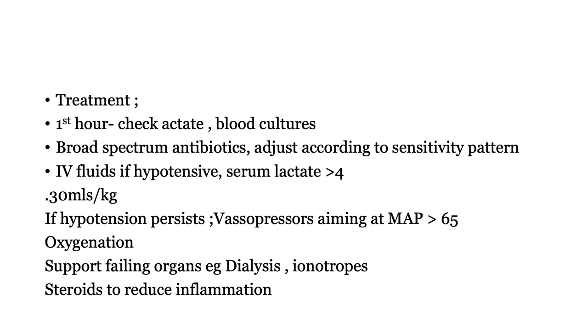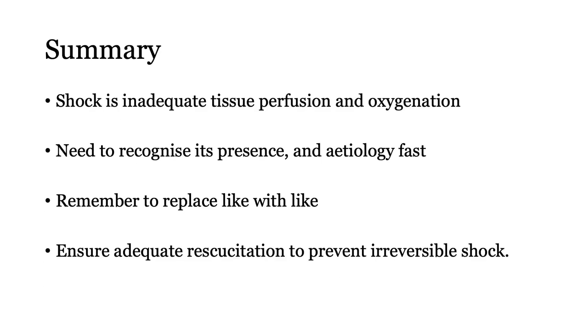If hypotension persists, then we need to give vasopressors, and the aim is a mean arterial pressure of more than 65. Then oxygenation of the patient, then support failing organs: for example for the kidneys you do dialysis, for the heart we give inotropes, then steroids to reduce the widespread inflammation.